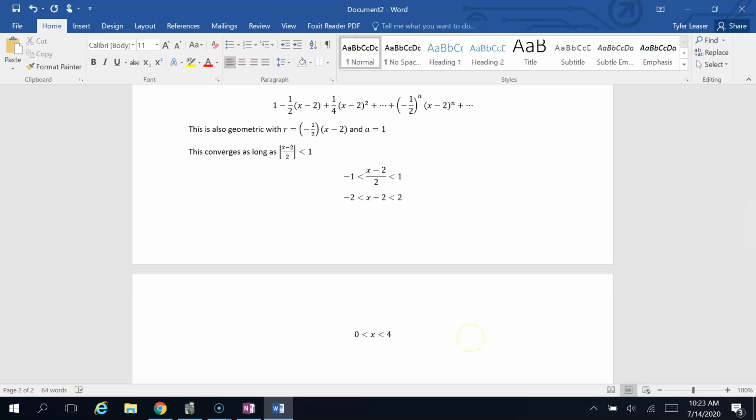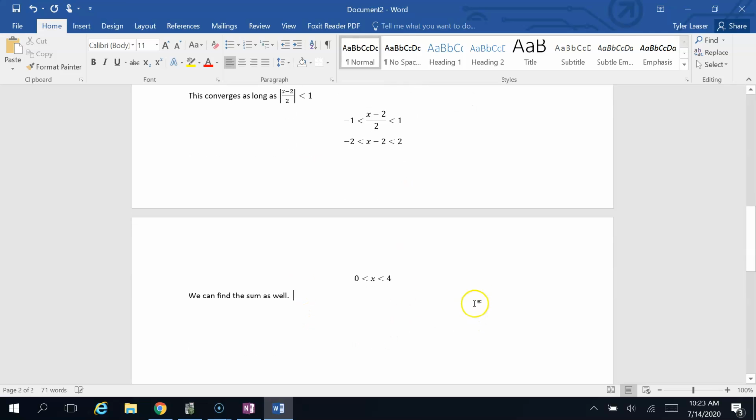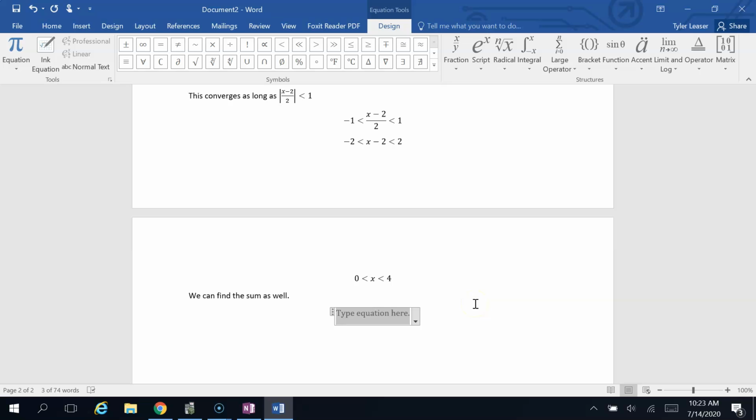Okay, we can find the sum as well. So if we are plugging in numbers between 0 and 4, and don't forget this is geometric, we can find the sum by just doing a over 1 minus r, the geometric series sum. Remember our a is 1, so it's going to be 1 over 1 minus, and then that awful looking r value, which is -1/2 times x minus 2.